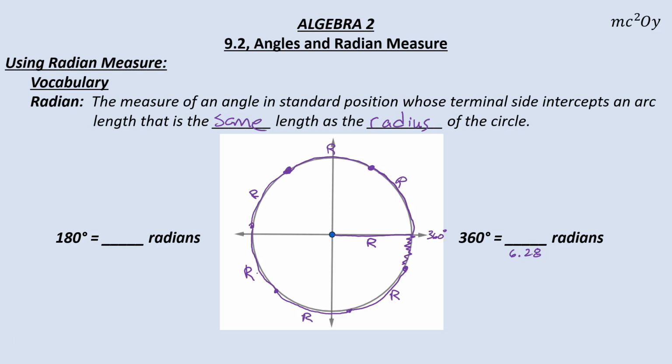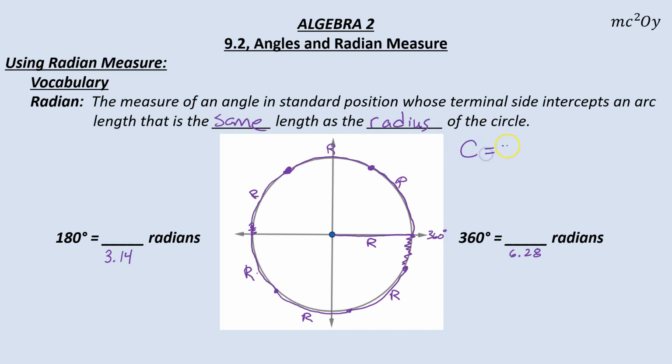And 180 degrees, well, that would be half of 6.28, which is about 3.14, which some of you may recognize as that cool number we call pi. So notice we're at 1, 2, 3, and then just this little chunk here. It's about 3.14. Okay, well, the way we could figure this out, actually, this outside rim of a circle, like the perimeter of a circle, is called our circumference.